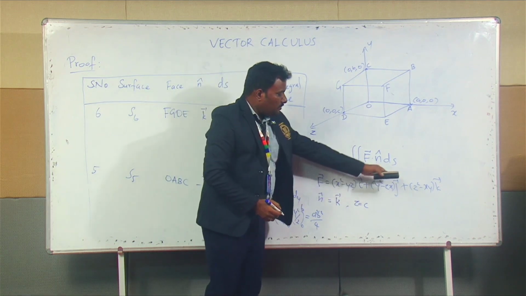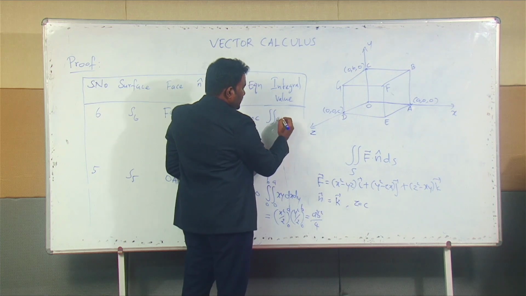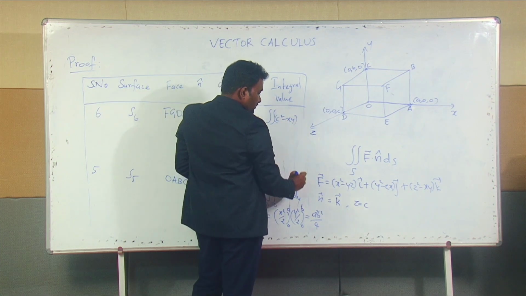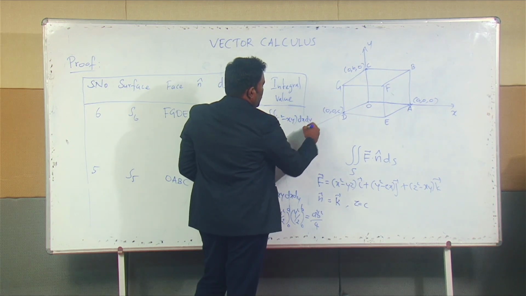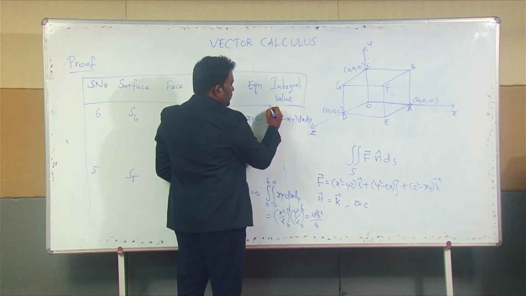So, when you start multiplying, it becomes z square minus xy. So, we get c square minus xy, and then dx dy, with the limits of 0 to a and 0 to b.